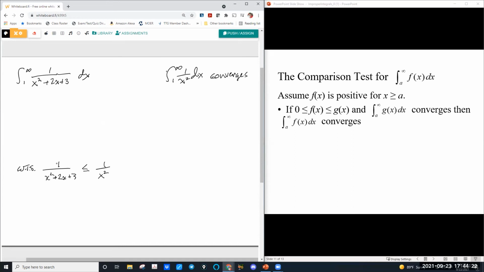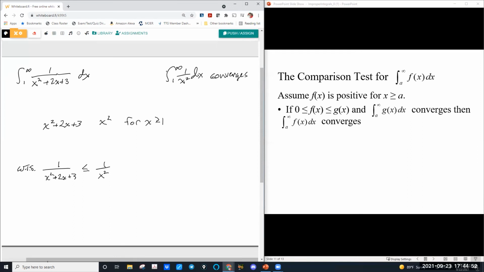This is not enough to completely show it. You need to do a couple of steps. So what we'll do is we start at something very basic. In fact, let's start at this. x squared. How does x squared compare to x squared plus 2x plus 3 for x greater than or equal to 1?